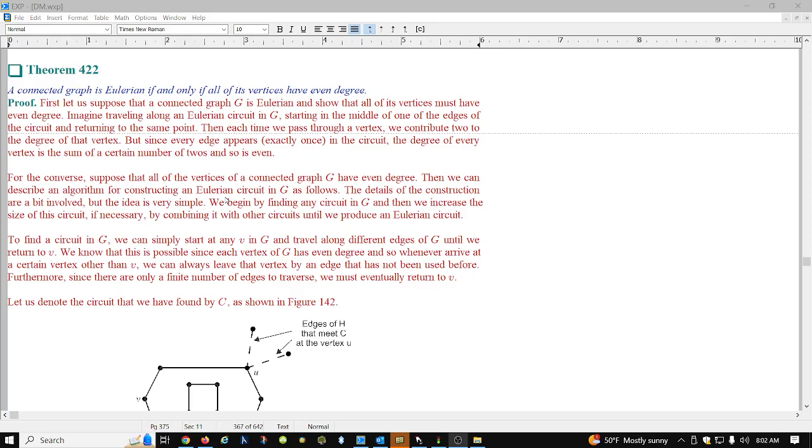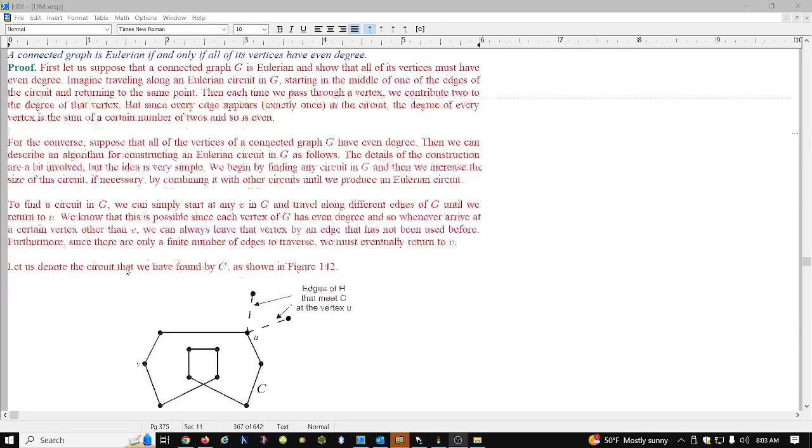We begin by finding a circuit in G, where every edge is used at most once, but it doesn't necessarily include all edges. That's not a very difficult task, and I'll talk about that in a minute. Then we increase the size of that circuit if it doesn't cover all the edges, and combine circuits until we get an Eulerian circuit. So here's how that goes.